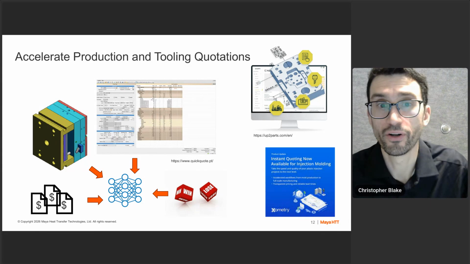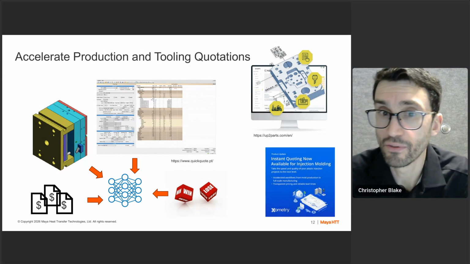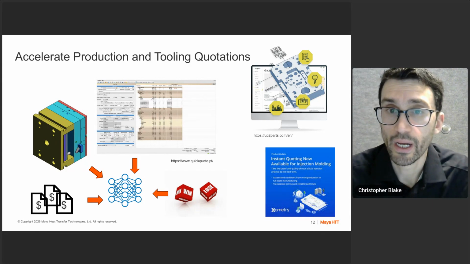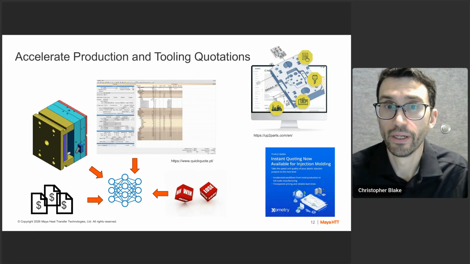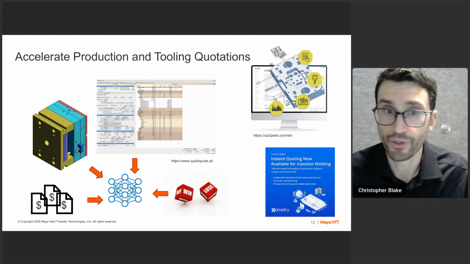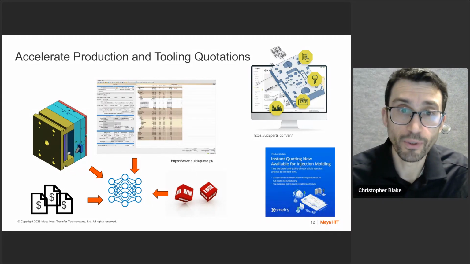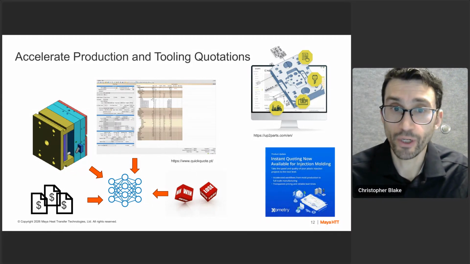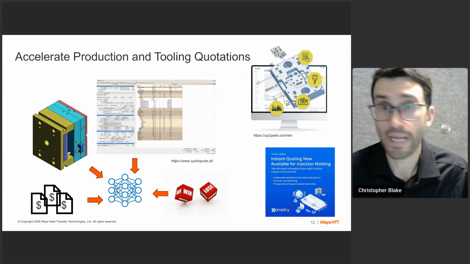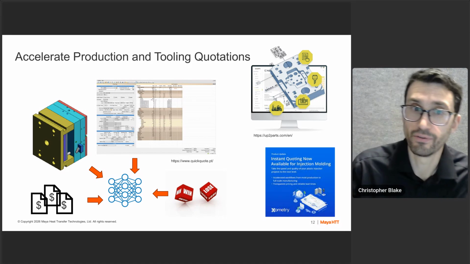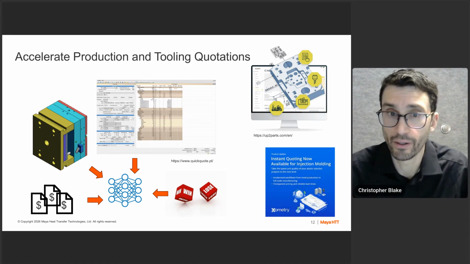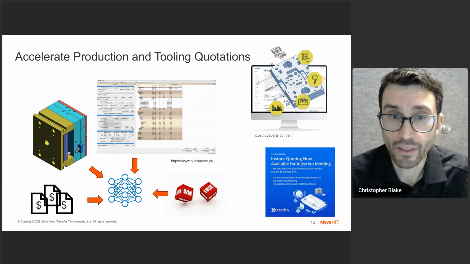Quotations are another common challenge and a good use case for AI. There exist platforms out there and vendor networks like Fictiv or Xometry, if you heard of those. These are able to provide quotations quickly based on uploaded CAD models. And these, of course, benefit from access to lots and lots of training data that have come from their previous clients.